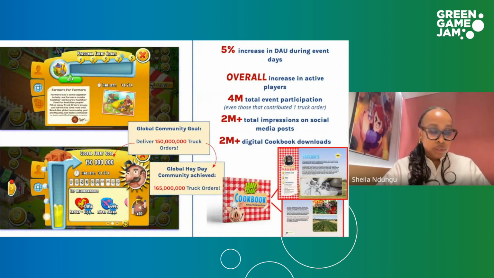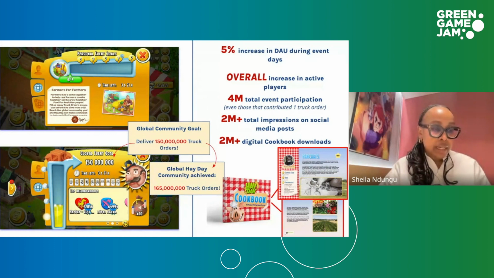Like I said, we saw lots of positive sentiment towards the activation across social media, and we saw a sizable increase in engagement in game. The goal was 150 million truck orders, and our community managed to reach 165 million truck orders, which is quite great. Compared to previous similar events, there was a 5% increase for this event.